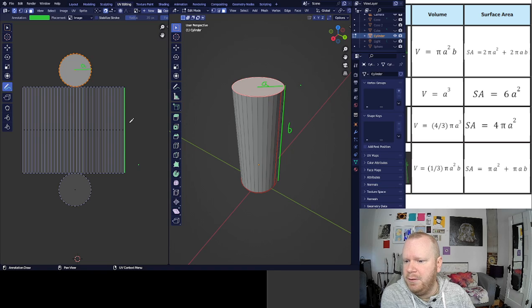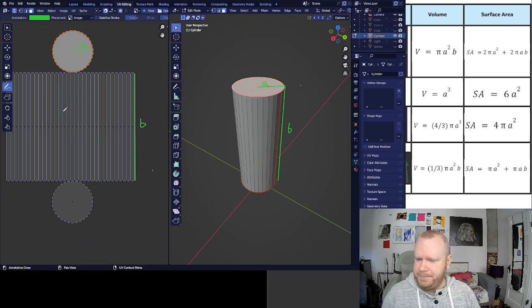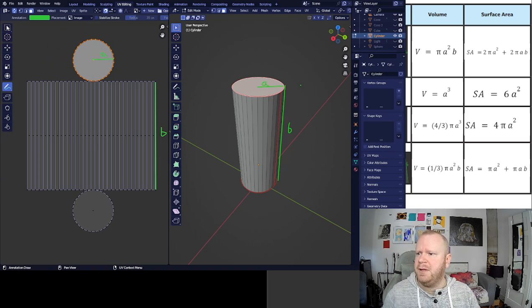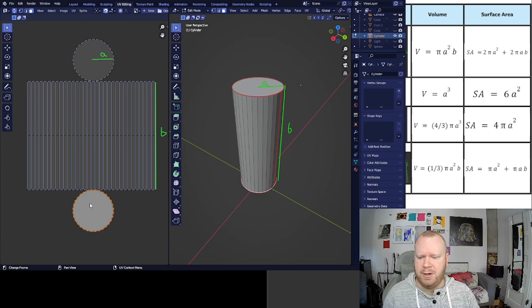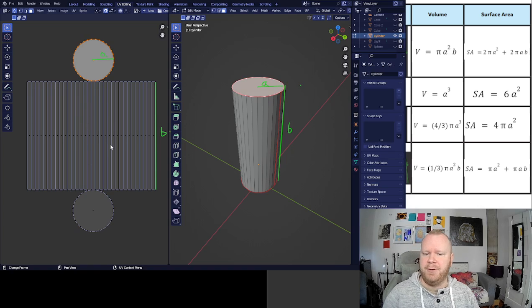Here's A. Here's B. Like I said, pi A squared for this top one here, pi A squared for the bottom one. So that's in the formula. You can see I've got 2 pi A squared. So that accounts for the 2 circles that I've got here.